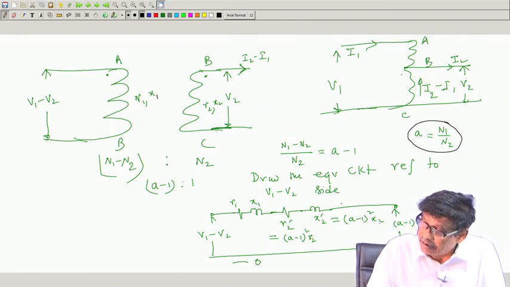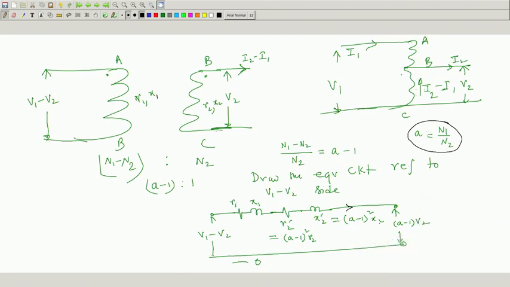And mind you, the current here is not I2. In a two winding transformer, you know it comes as I2 by A. So it will be I2 minus I1, the actual secondary current, divided by A minus 1. This will be the current.